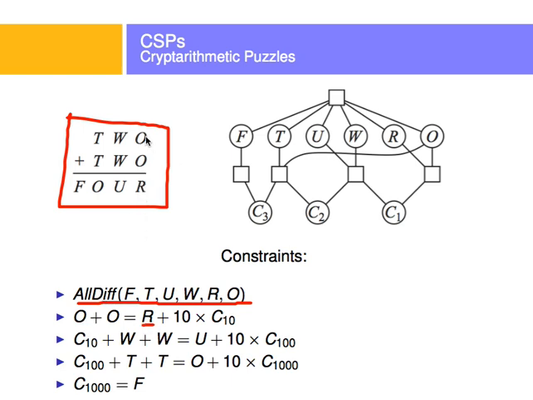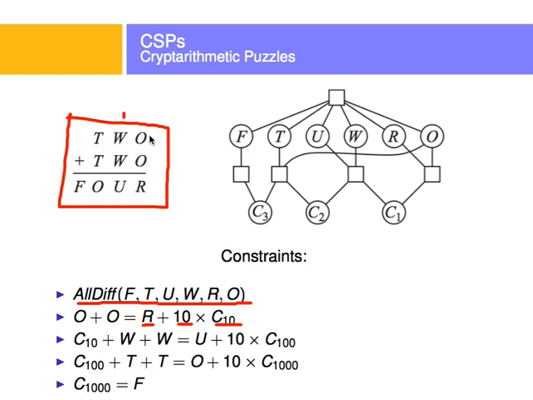But what if O is, say, for example, 7? 7 plus 7 is 14. So R would be 4, and the 1 gets carried over here, right? So instead, we can say that O plus O is R plus 10 times the carry of the tens.